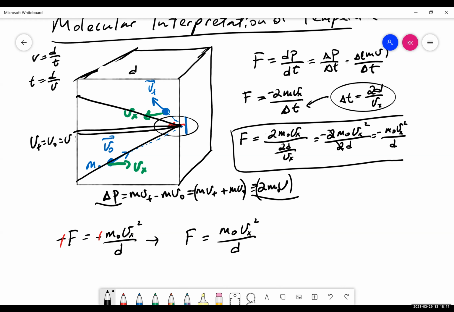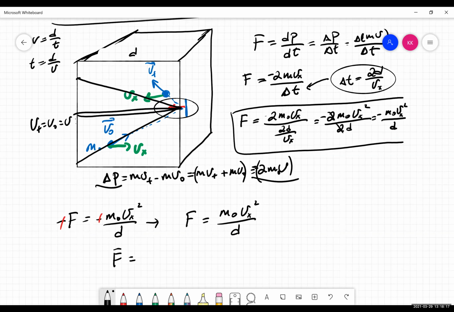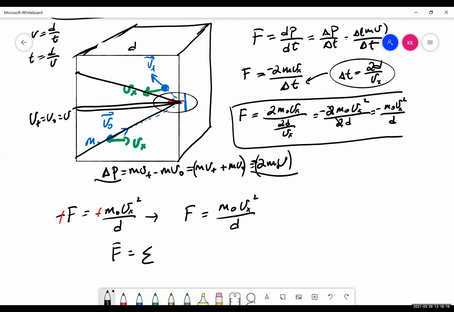The average force will be in terms of the sum: force one plus force two plus so on, up to the force of the ith particle, divided by n, which is the number of particles.